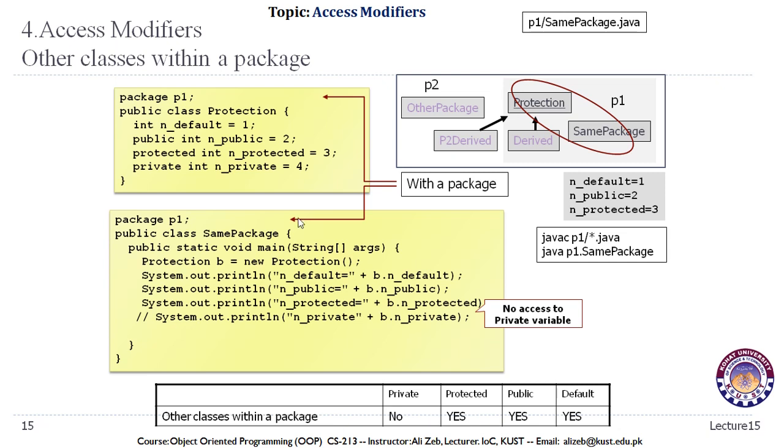Now this class is not a subclass of the protection class, but the access modifiers behave similar to what we saw in our previous slide, that a private variable is not accessible from the other class even within the same package. If that class is a subclass of the superclass or has no relationship with the class, we will not be able to access the private variables.